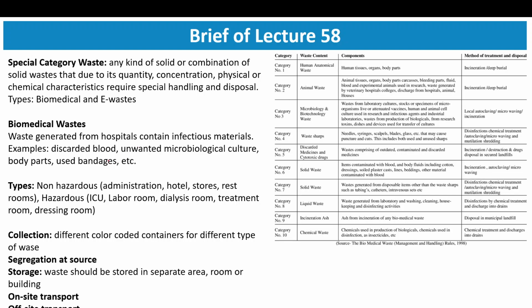So how do we manage all these types of biomedical waste? For that, there are different steps which need to be followed. So first and foremost, you need to have a proper collection strategy for each type of waste, right? Depending on the type of waste, you need to have proper collection systems.